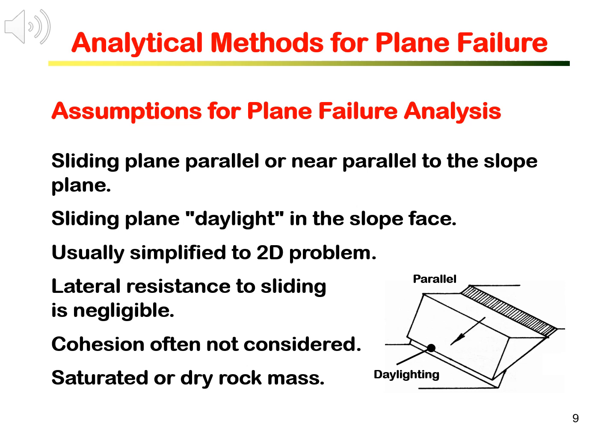With a 2D simplification, lateral resistance to slide on the two ends of the sliding block is ignored, considered negligible. Usually, we consider friction force only, and the cohesion of the sliding plane is not considered. Often, we need to assume the rock mass is either saturated or dry to compute the water pressure acting on the slope.